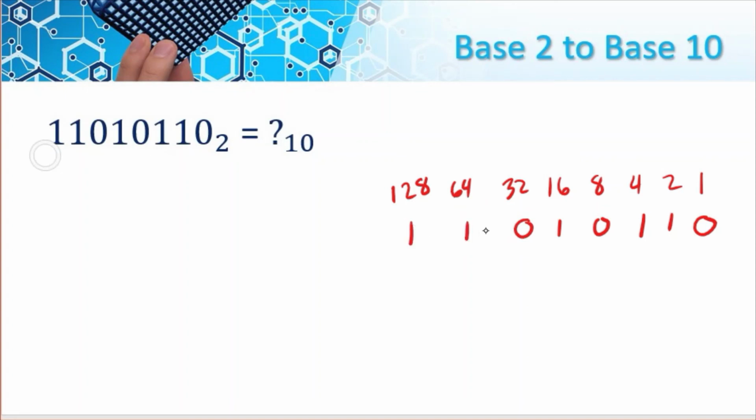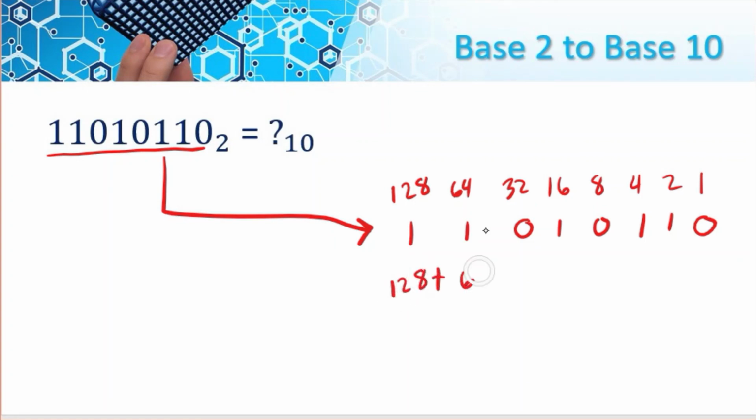Okay, we have written it from left to right. Then next, all the ones are the only ones we add. So we have 128 plus 64 plus 16 plus 4 plus 2.